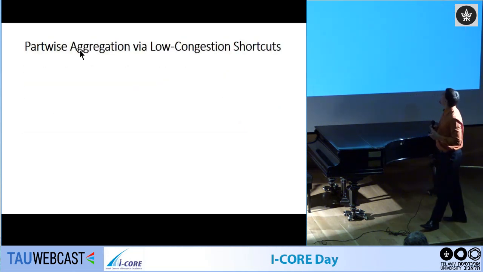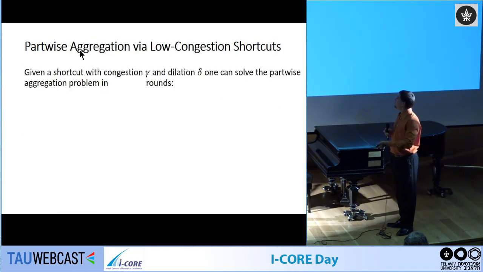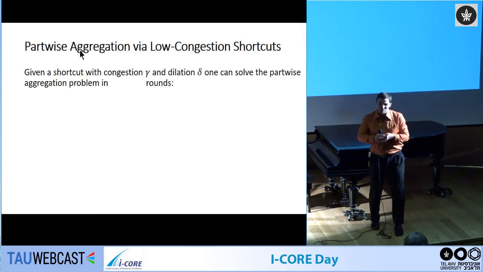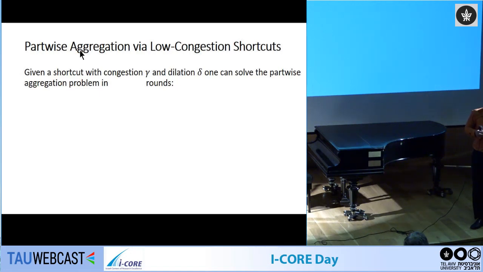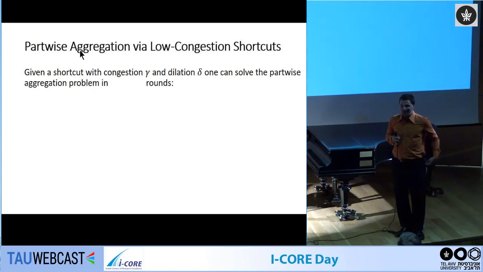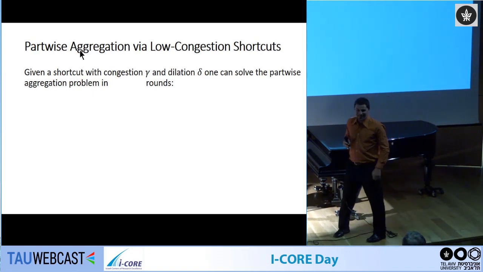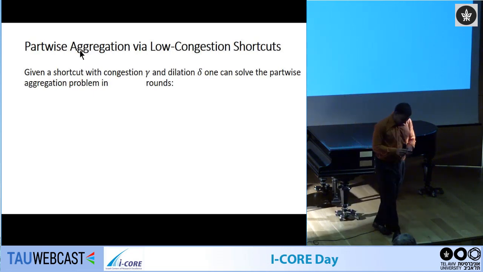Okay, cool. I claim that if we have one of these shortcuts, then we can actually solve the pairwise aggregation problem reasonably fast. Did everybody see the answer already? That's unfortunate. Okay, then I'm just going to give it away.